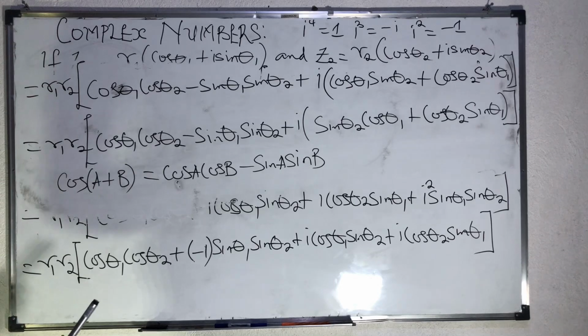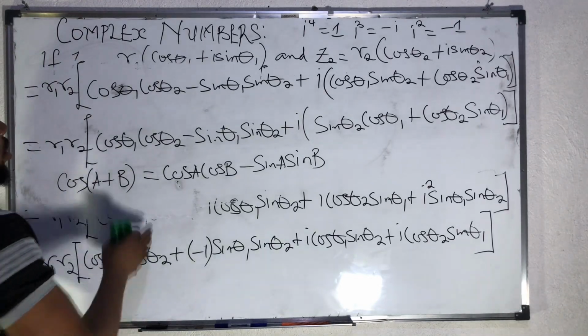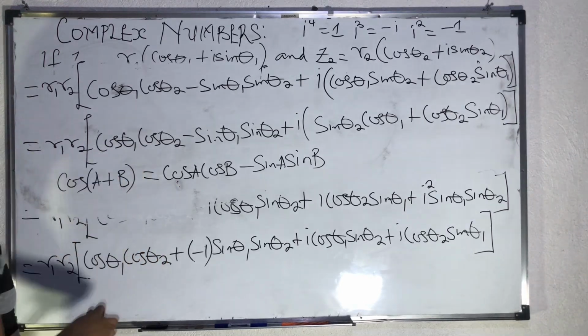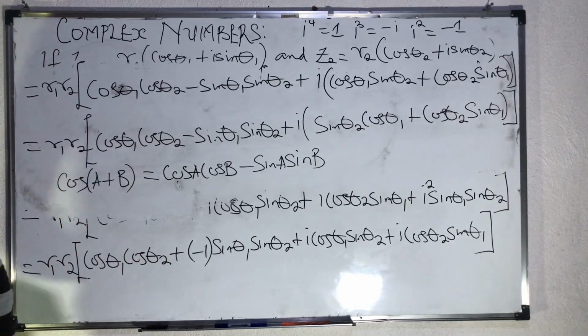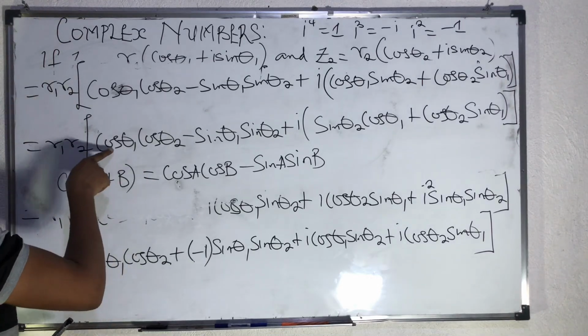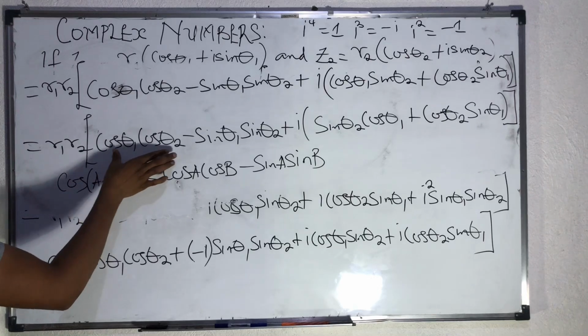This is a trigonometric identity that is very important when it comes to deriving the formula for finding the product of two complex numbers in their polar form. With this, we've seen a similarity. We have cos theta 1 multiplied by cos theta 2.